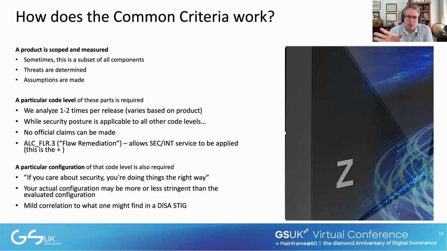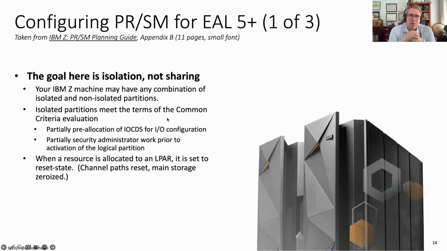But the takeaway here is that we have one particular focal point for this evaluation where we focus all of our energy, and this winds up giving us something like the back of the PR/SM Planning Guide, Appendix B, which the last time I checked, for the z16, I should say, was 11 pages in really, really small font that explained, here is everything you need to do to configure PR/SM to meet the terms of EAL5 plus.